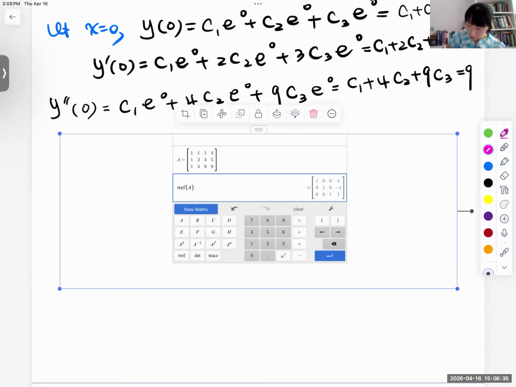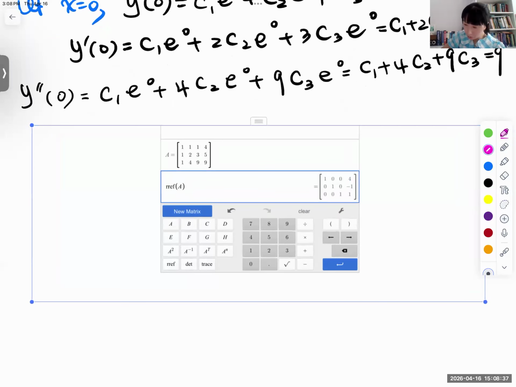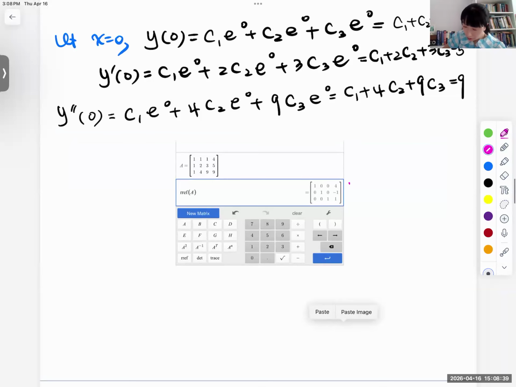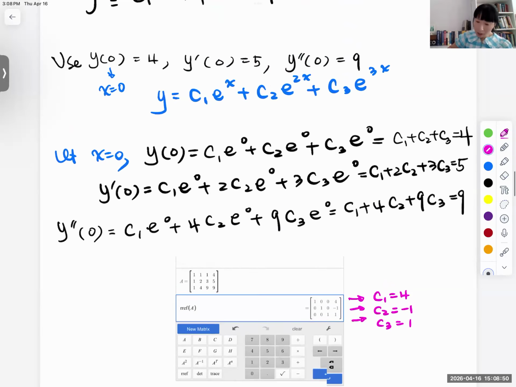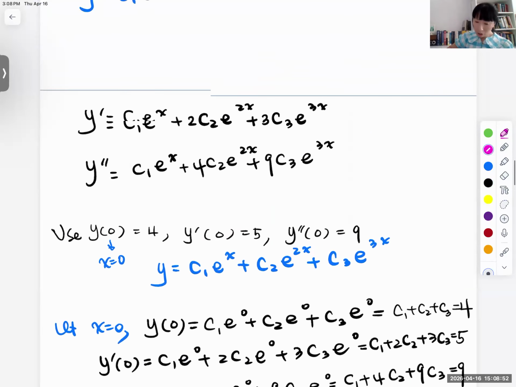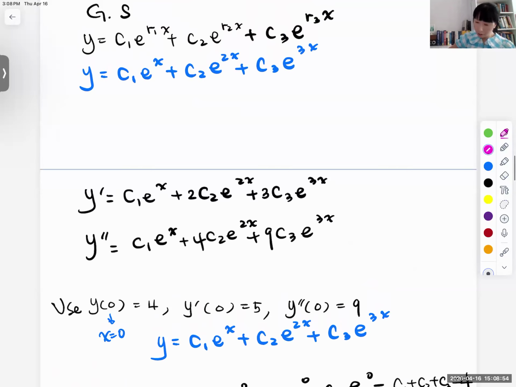So, yeah. c sub 1 equal to 4, c sub 2 equal to -1, c sub 3 equal to 1, right? Okay, so we had the general solution like that, right?